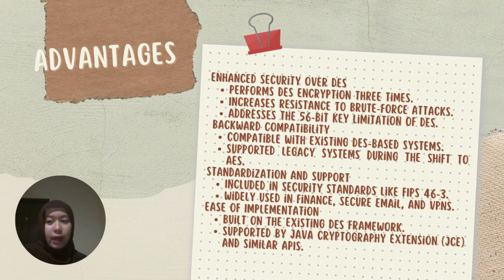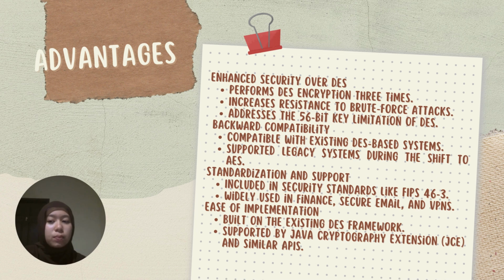Now let's look at the advantages of using Triple DES as an encryption algorithm. First, Triple DES offers enhanced security over the original DES. It performs the DES encryption three times, which significantly increases resistance to brute force attacks. This helped to overcome the major limitation of DES, which was its short 56-bit key length.